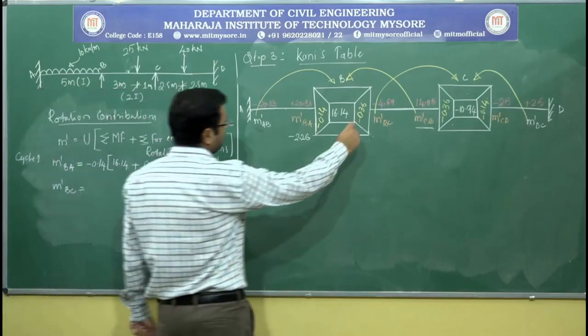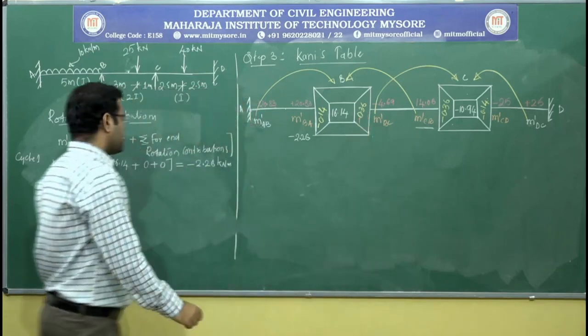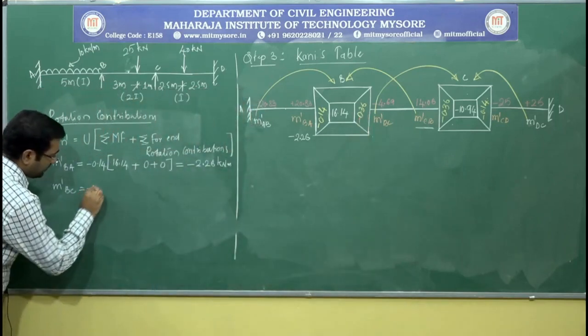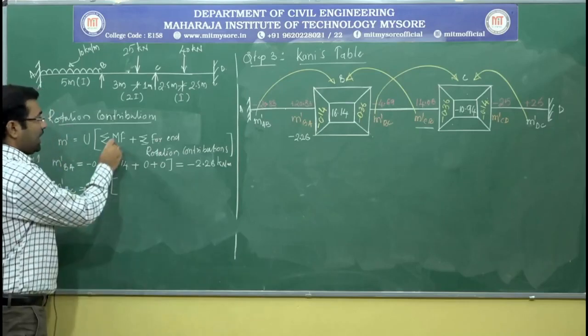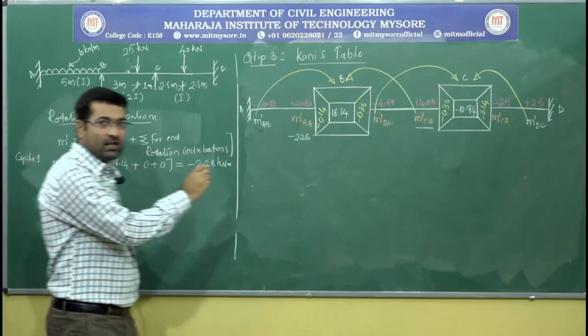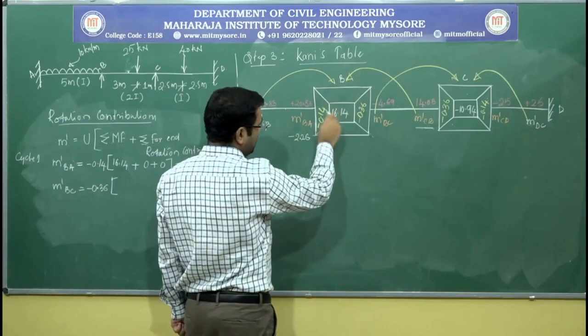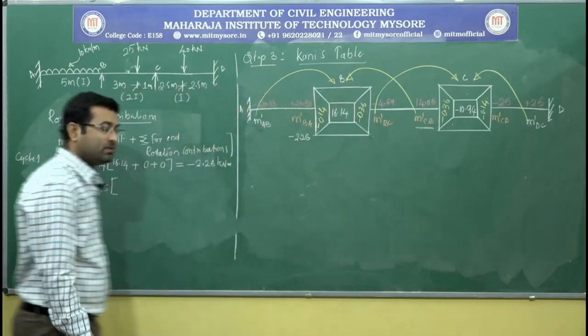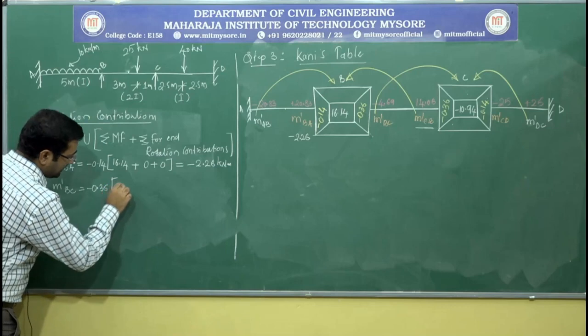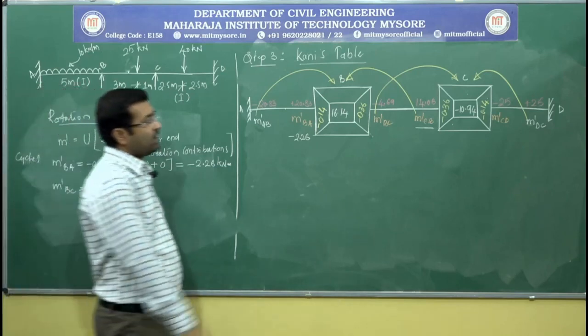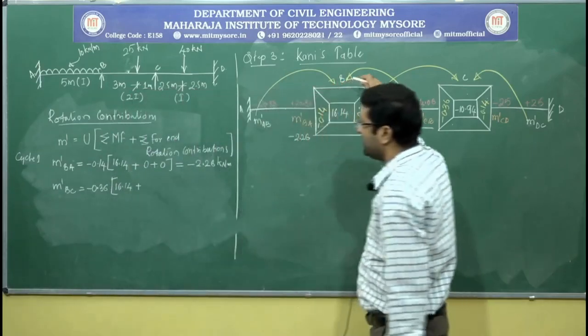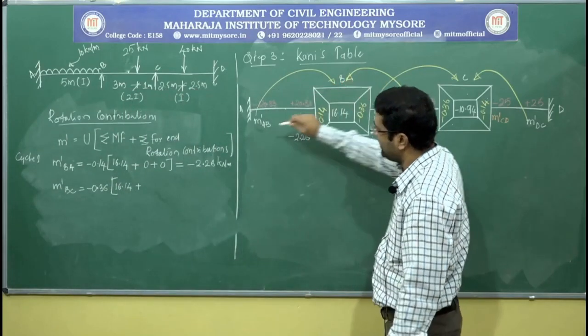The rotation factor for BC is minus 0.36 into the algebraic sum of fixed end moments. The algebraic sum of fixed end moments for B joint is 16.14 plus the far end rotation contributions for B joint.